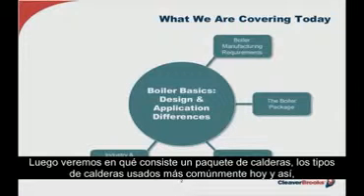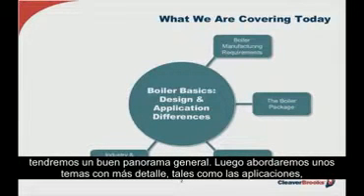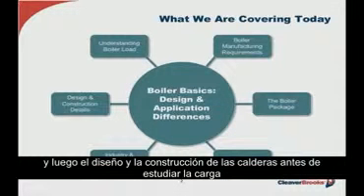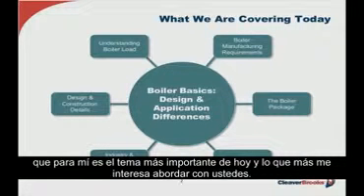This will kind of give us a 35,000-foot view, and then we'll dive into more detailed specifics of the industries served, including some application information. And then we'll also be covering the design construction of the boilers before understanding the load, which I think really is probably the most important thing for today as far as the takeaway is concerned. It's the stuff that I'll be covering at the end.